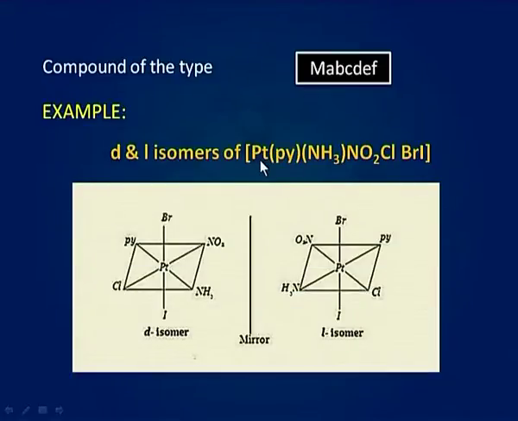An example of this type of complex is [Pt(py)(NH3)(NO2)(Cl)(Br)(I)]. You can see the mirror image of this complex is non-superimposable. Therefore, this type of complex has optical isomerism and exists in D and L forms.